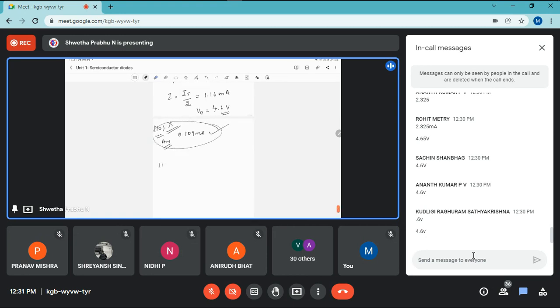Okay. Next, coming to the 11th question. You have 3 circuits: figure 4, figure 5, figure 6.